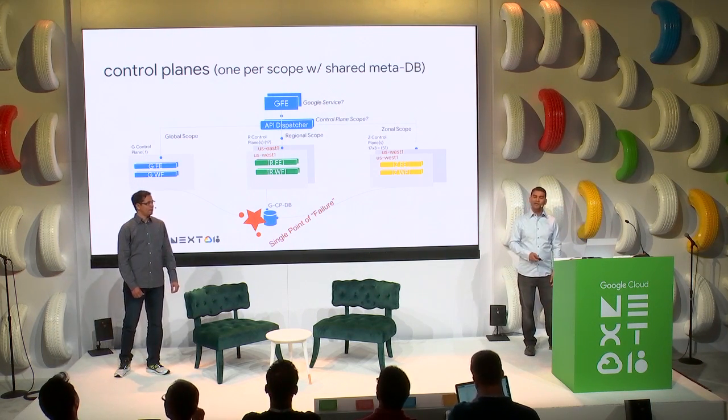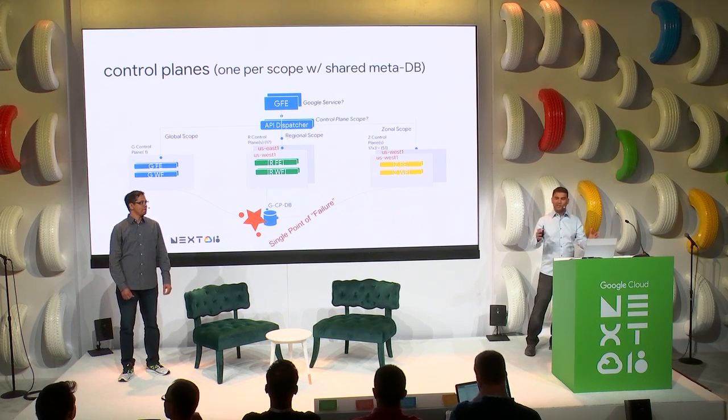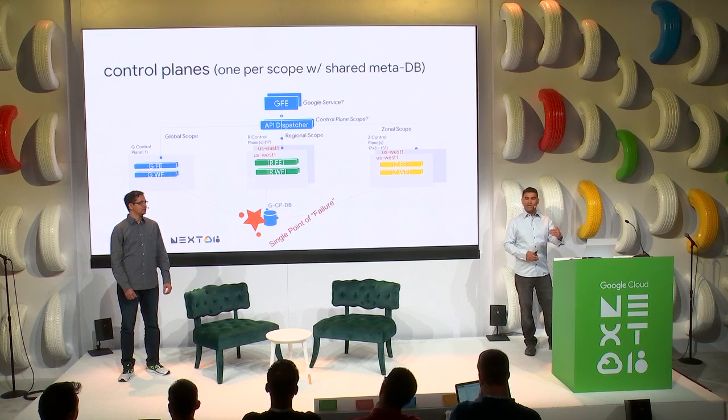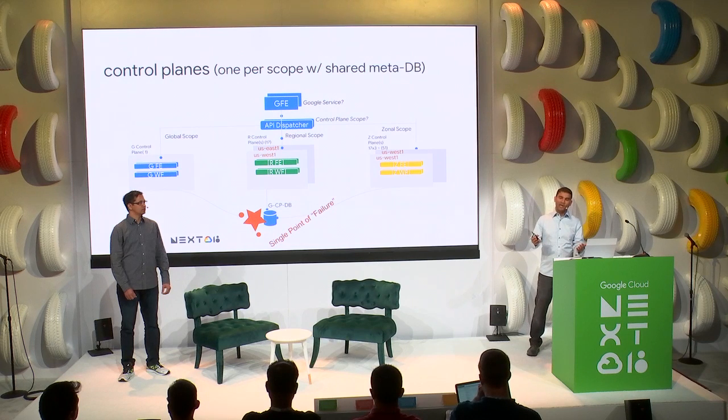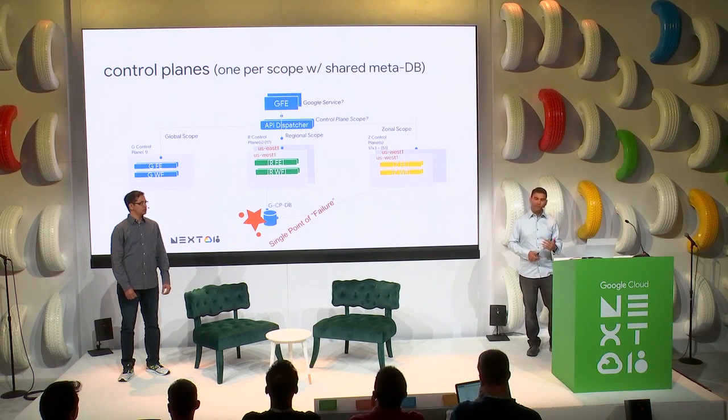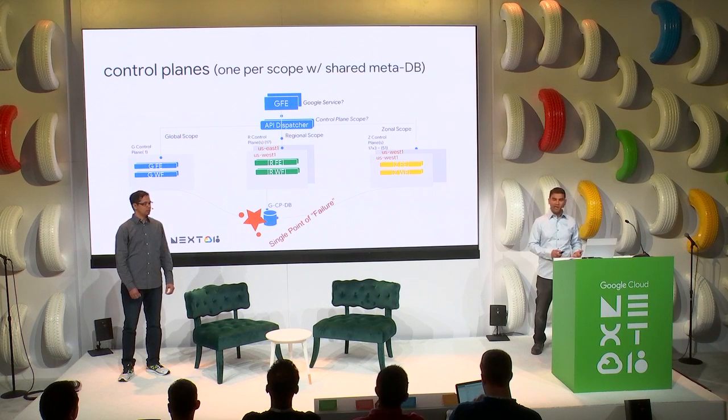One key point here that I talk about from a topology standpoint, we have a front end. We have our Google Front End, which is nothing but a service router. And there is a second level of router we have, which I've called here the API dispatcher.